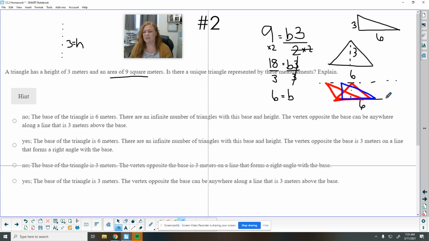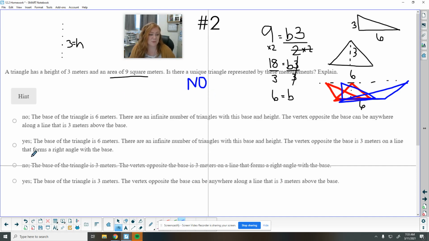As long as the base is 6 and the height goes 3 up, we could have it all the way over here, and it's 3 up, 6 over, and connect like that. So there is not one set triangle that this has to look like. As long as the base is 6 and that right angle up is 3, that point can be anywhere along that 3 meter line. It just has to be 3 up.